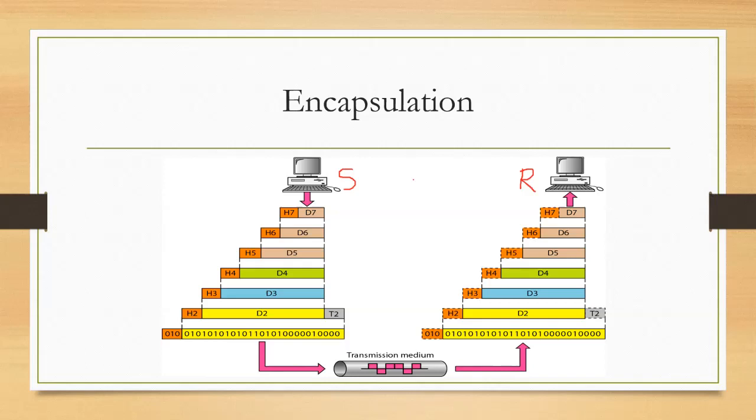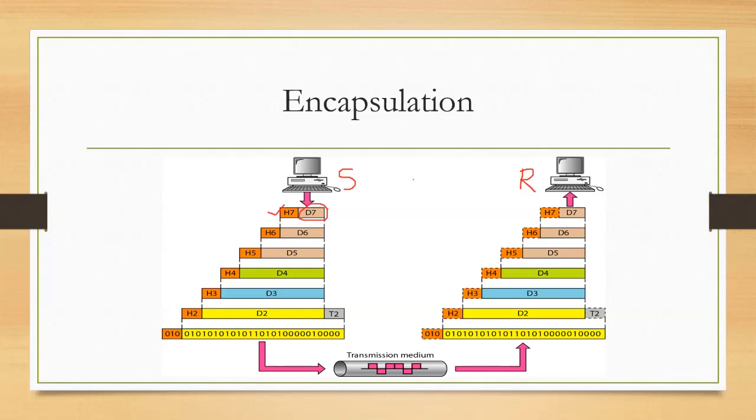So the sender is writing an email and the contents of that email are nothing but D7, which is data at the 7th layer, the application layer. What the application layer does is it attaches its own header to the data, and we call this encapsulated data.